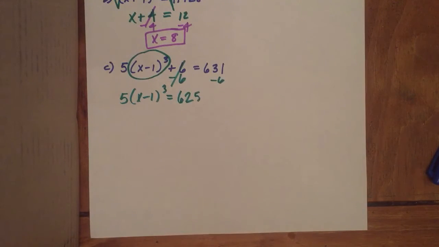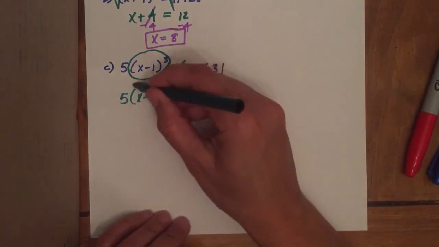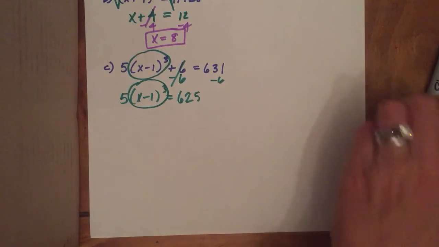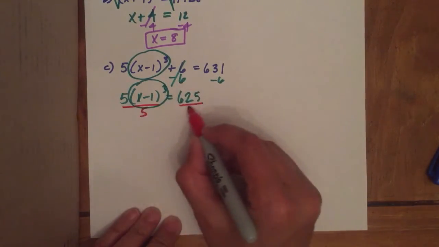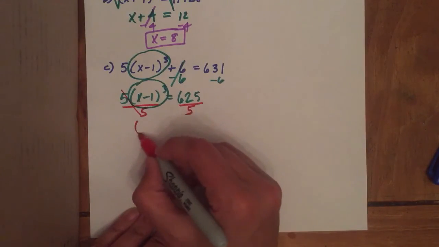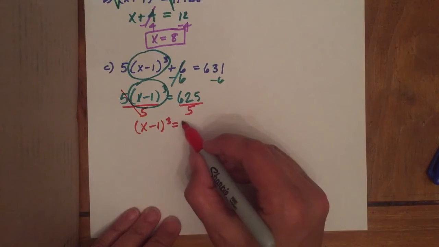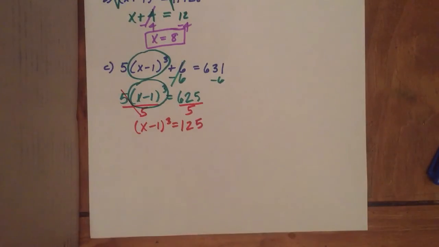With that 625, I still have my radical that I want to isolate, and I still have something attached to it, and it's that 5. That 5 is multiplied times that radical. So I'm going to divide both sides by 5, and that'll leave me with x minus 1 cubed on this side and 125 on this side.